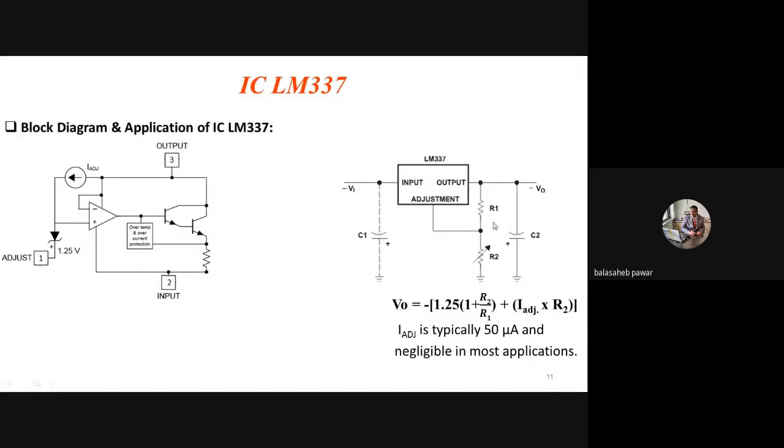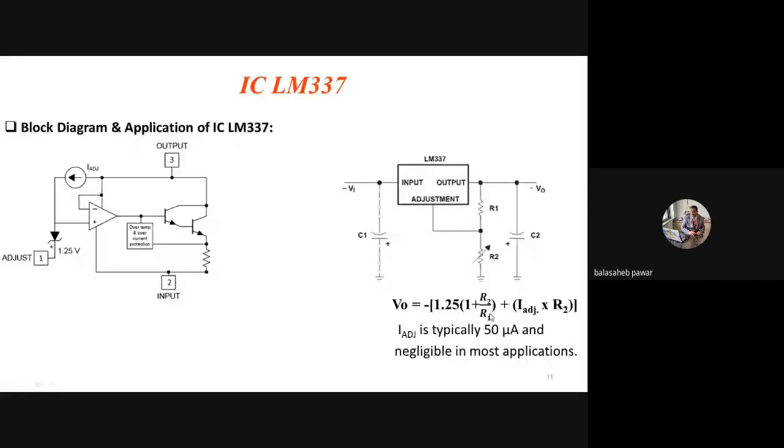R1 and R2 are connected same as that of LM317, and they decide the output voltage. By using these two resistors, we can change the output voltage. The formula is also the same, only I kept that formula in square brackets, and outside the brackets I mentioned the negative sign. The calculation part is the same as LM317.